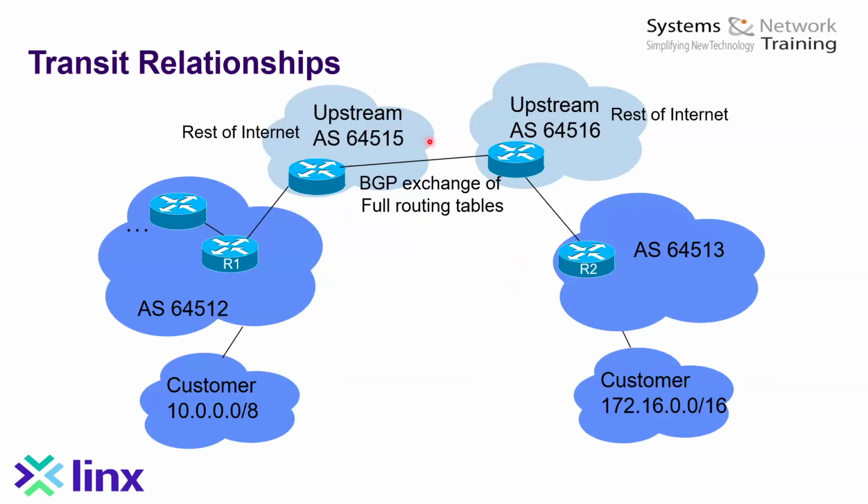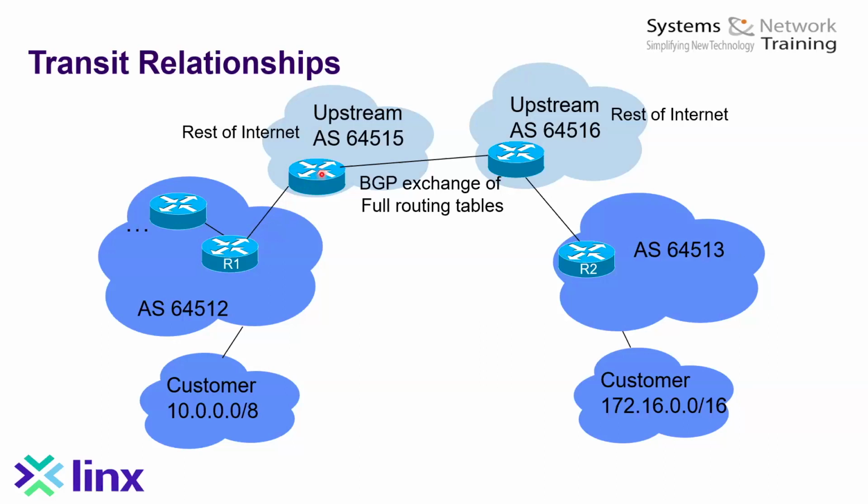So transit is a business relationship where one ISP pays an upstream ISP to get access to all internet destinations. Here, AS64512 pays 64515 because 64515 is in the core of the internet, and it can provide 64512 with access to all destinations. So all this router needs to do is send packets up to this provider, and this provider will get them to their destination.